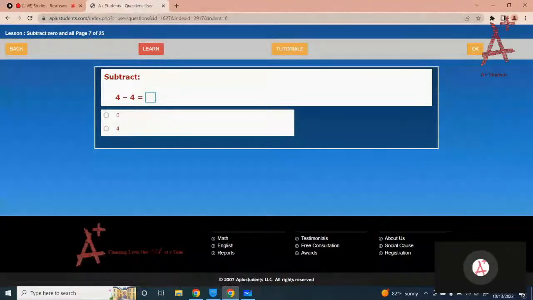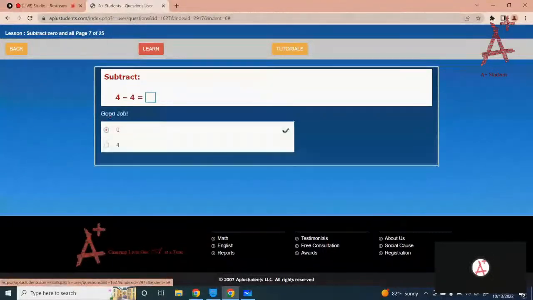Okay, 4 minus 4. You are subtracting a number from itself. So when you subtract a number from itself, the answer is, yes, it is 0. 4 subtract 4 is 0. Got it?